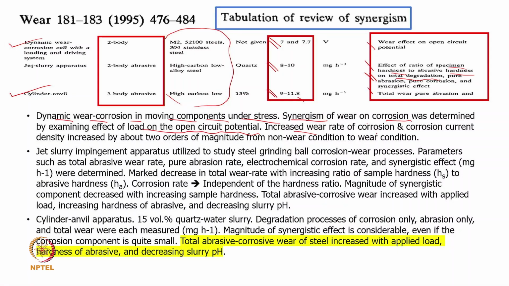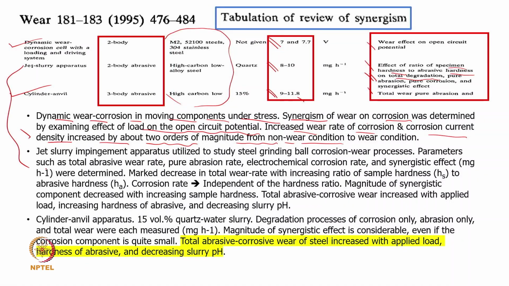So in this case they observed almost 2 orders of magnitude increase in corrosion current density in the presence of wear compared to the absence of wear. If there is a wear condition, then current density increases by 2 orders of magnitude.